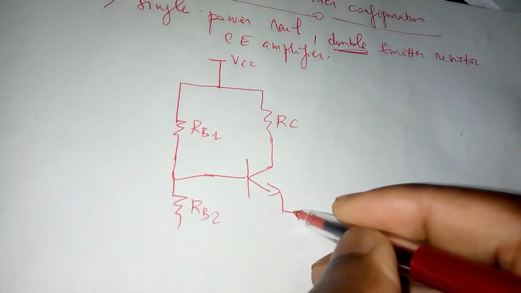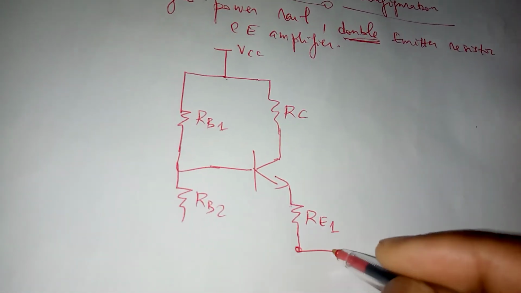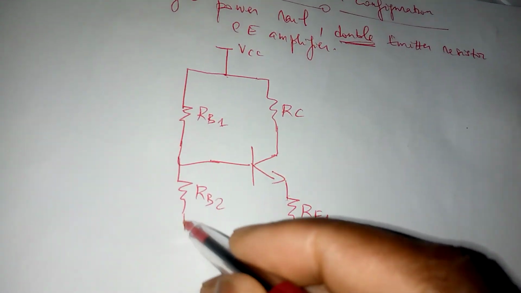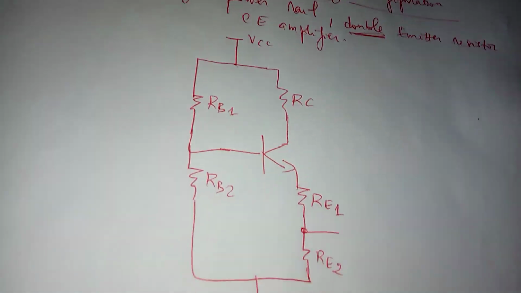Simply means there are two emitter resistors, RE1 as well as RE2, all of them connected to ground because it's a single power supply, just a VCC to ground power supply, one single power rail.